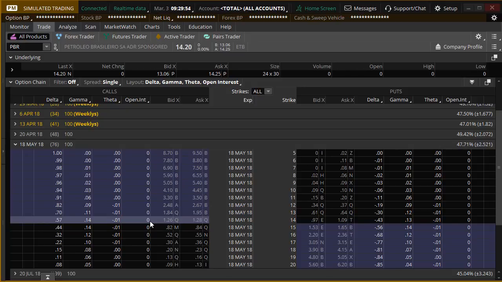You do not trade this. $13 has 900. Yeah, you can kind of see that from the bid-ask spread. The bid-ask spreads are pretty tight. So somewhere between this option right here with 70 deltas and this option here with 82 deltas. So right in here, these two would be the two that I would be looking at for a potential trade.